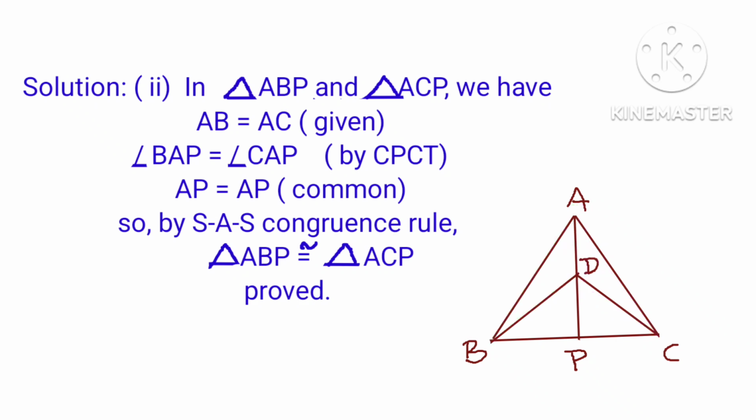So from that proof, by CPCT, angle BAP is equal to angle CAP. AP is equal to AP, common. So by SAS congruence rule, triangle ABP and triangle ACP are congruent, proved.